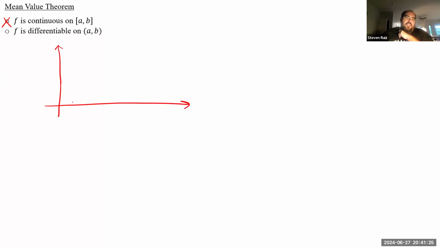So let's have our closed interval be a unit interval, so from 0 to 1. Let's say I have a function that passes through the origin and also passes through the point, I'm kind of exaggerating my scales here, the point (1, 1). But I have a function that I don't need to be continuous.